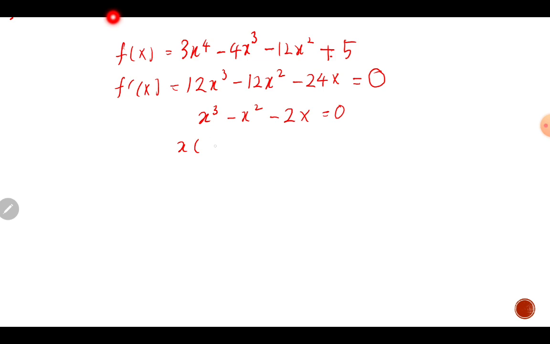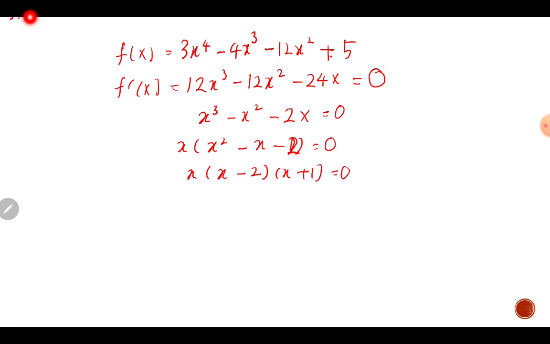X ni boleh letak kat luar, so we have x(x squared minus x minus 2) equals 0. Dan daripada sini kita boleh dapat x(x minus 2)(x plus 1) equals 0.